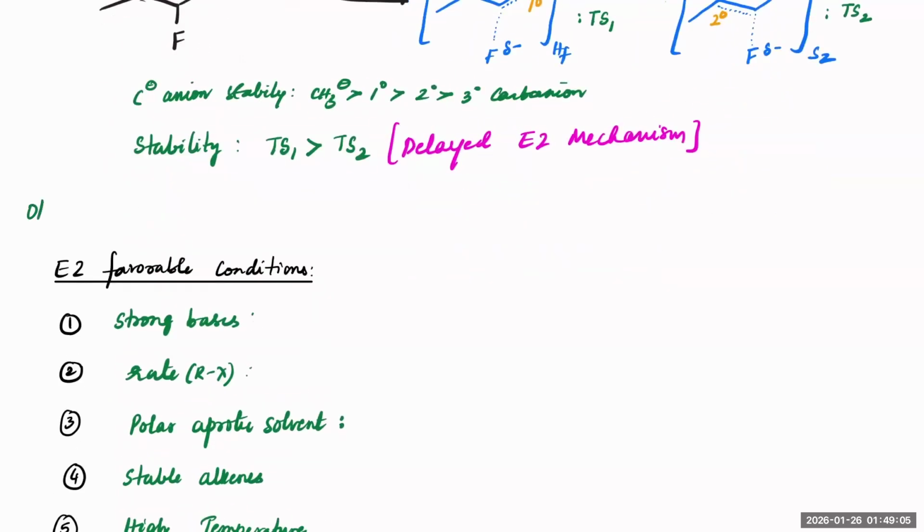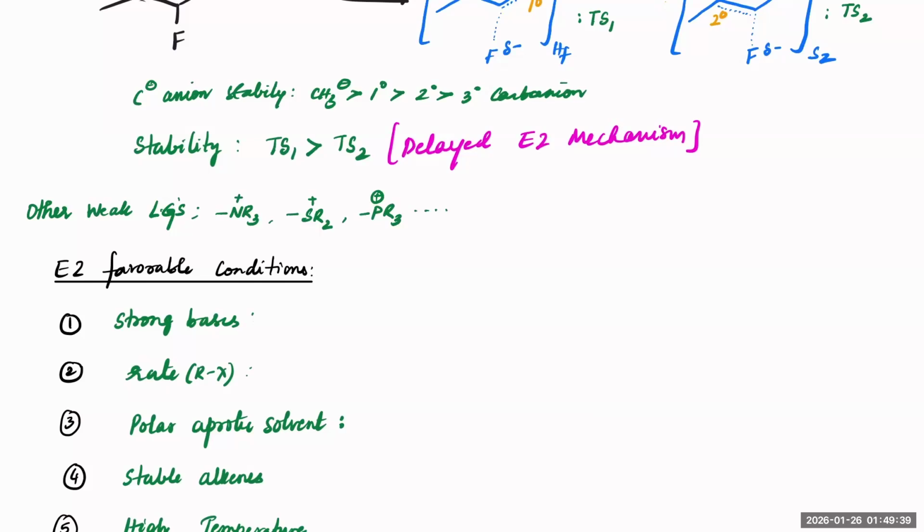Other weak leaving groups, if you compare, which do something like that, are NR3 plus, then we have SR2 plus, then we have PR3 plus. These kind of groups will have a similar problem to that of fluoride.